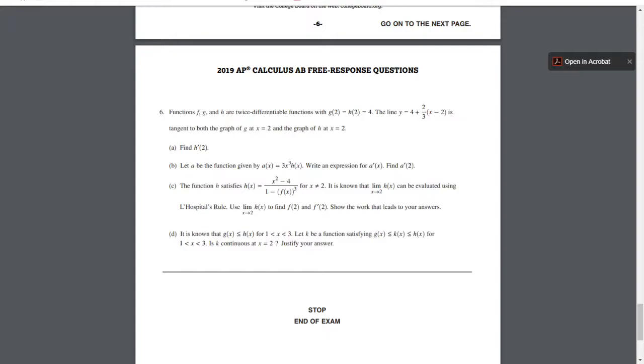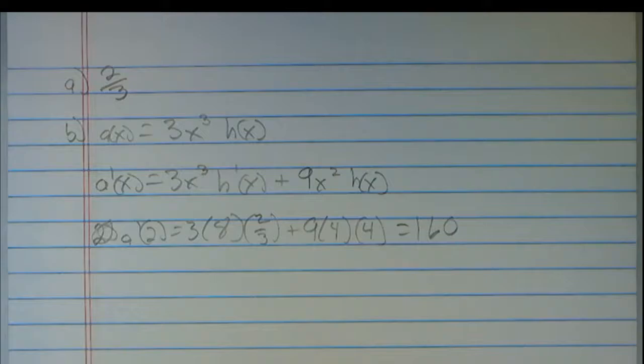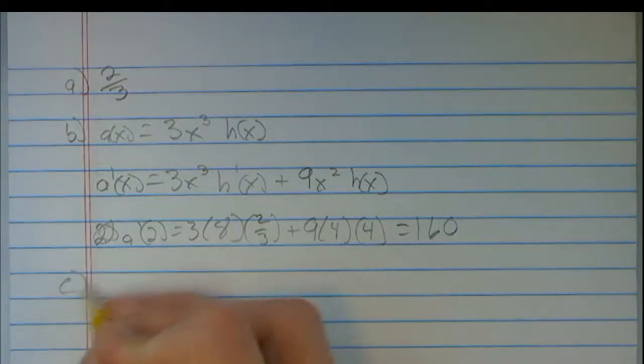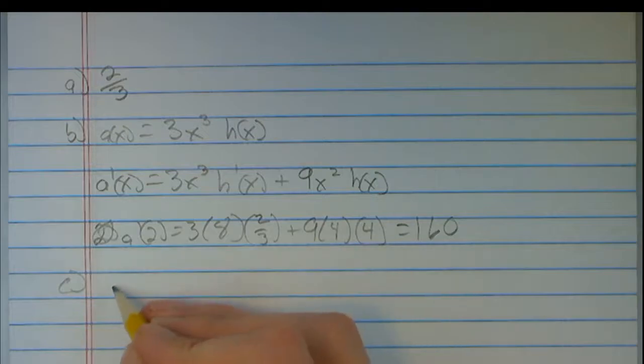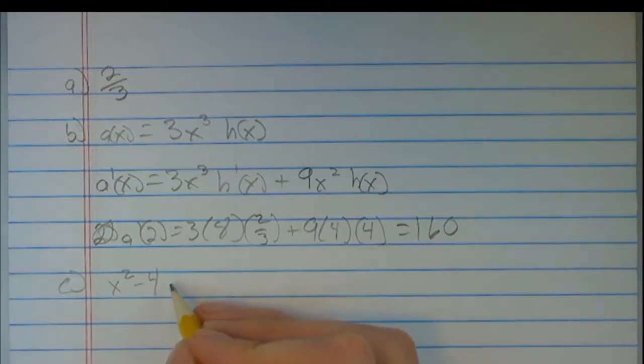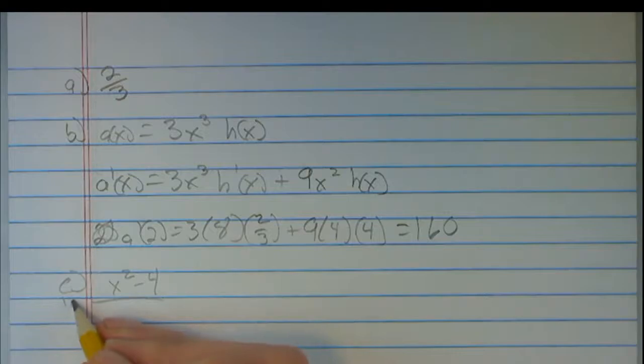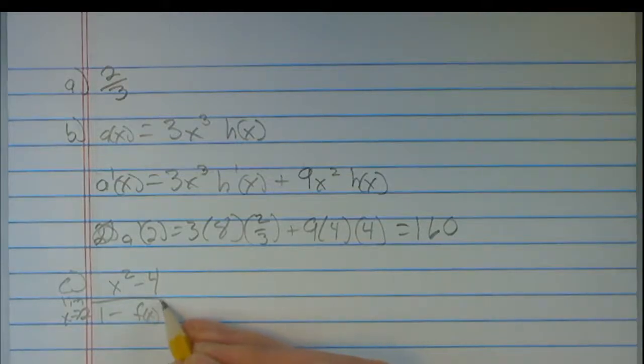So we got a couple things going on here. We know that the limit as x approaches 2 of x squared minus 4 over 1 minus f of x cubed is going to be equal to 4.